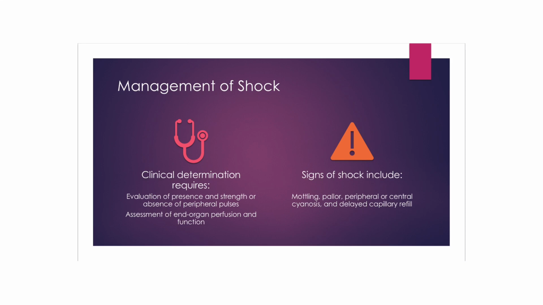All right, let's talk a little bit more about the management of shock. Most types of shock are characterized by reduced cardiac output, circulatory insufficiency, and a rapid heartbeat. Determining the presence or absence of shock requires the evaluation of the presence and volume of the peripheral pulse and assessment of end organ perfusion function.